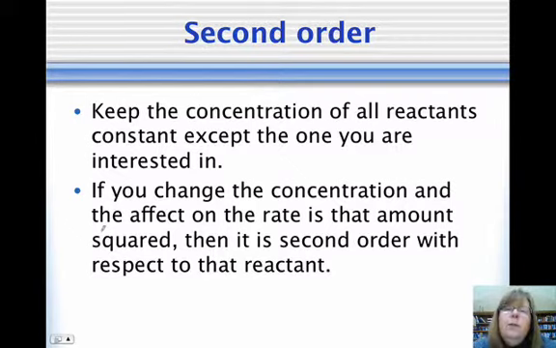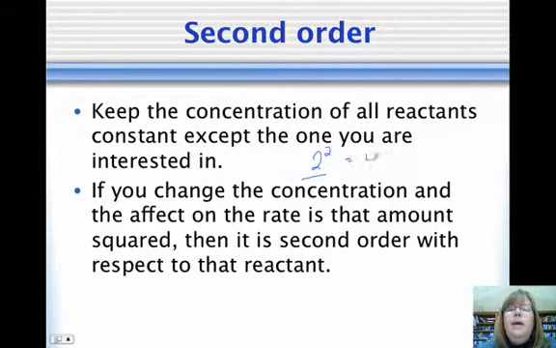All right, second order is just like squaring whatever you do to the concentration. So we didn't have an example of this in that problem, but second order would be, well, if you doubled the concentration of the reactant that you're interested in, you kept everything else the same, the rate would have quadrupled because you doubled the concentration. This is what you do to the concentration.